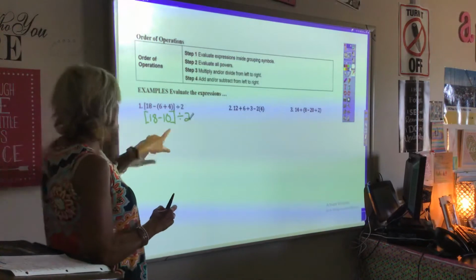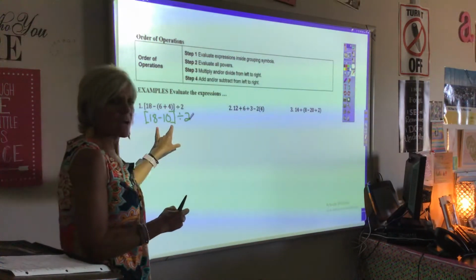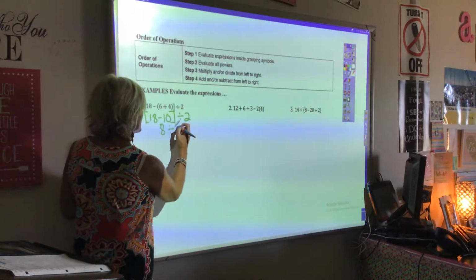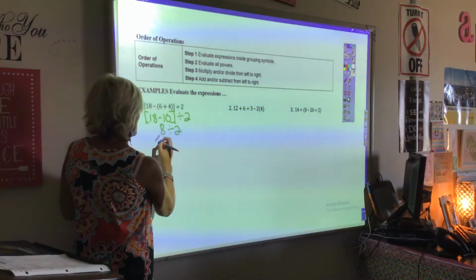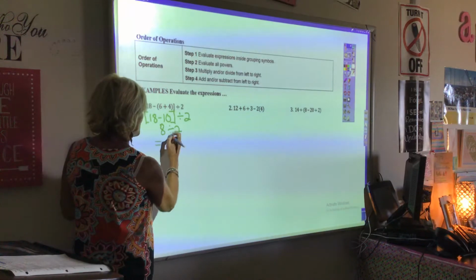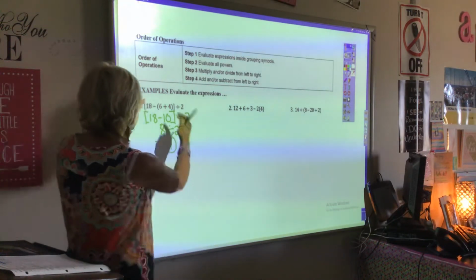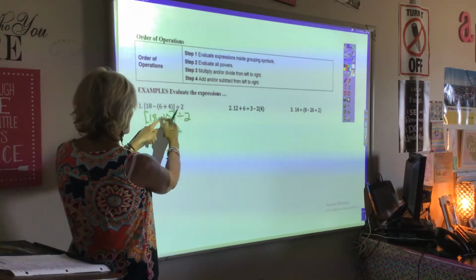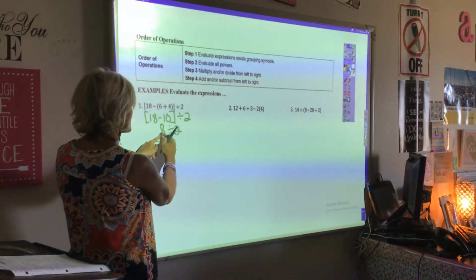So we do what's in the parentheses, because that's a higher order. We have 8 divided by 2. Now we get an answer of 4. So we did the parentheses all the way through. Once we simplify within the parentheses, then we did our division.